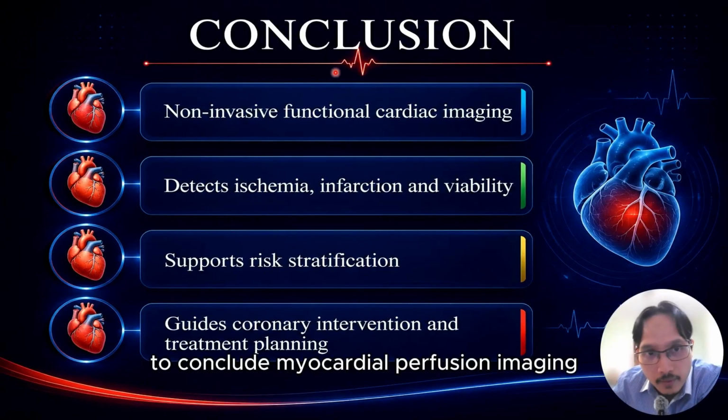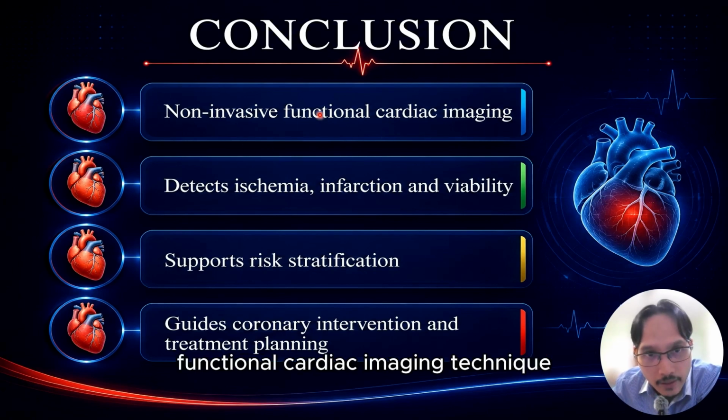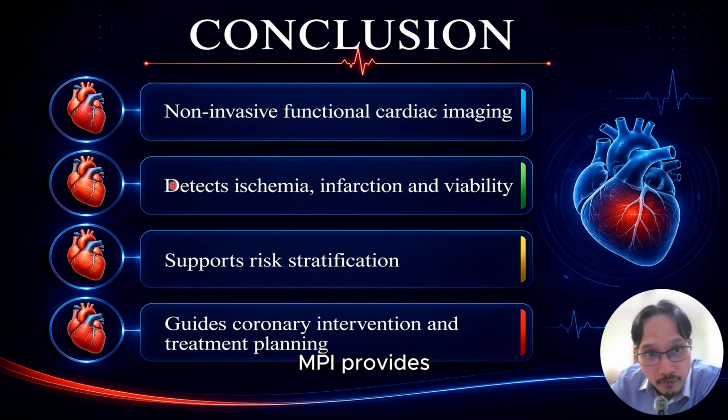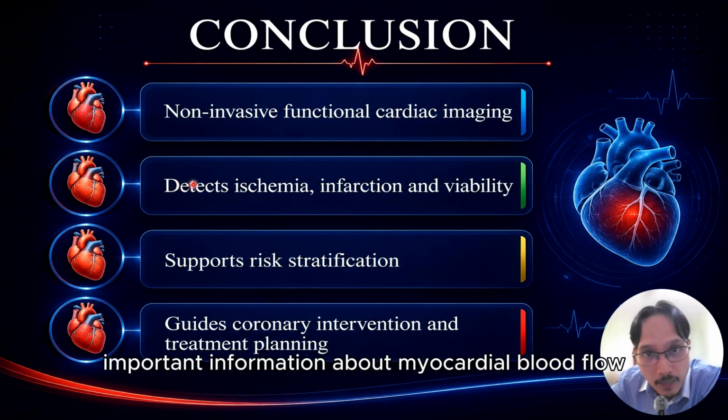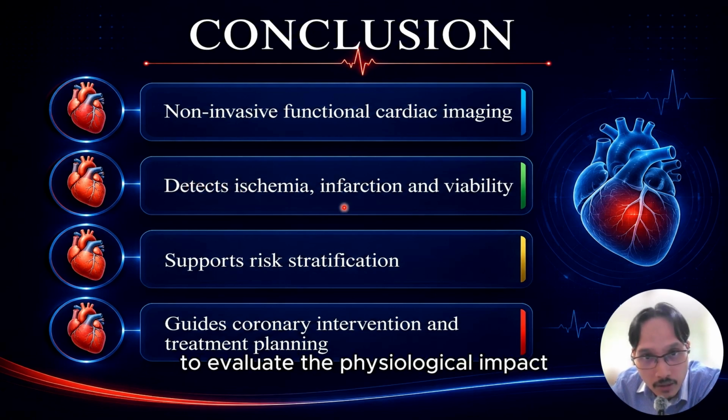To conclude, myocardial perfusion imaging, or MPI, is a valuable non-invasive functional cardiac imaging technique used in the assessment of coronary artery disease. MPI provides important information about myocardial blood flow and cardiac function, allowing clinicians to evaluate the physiological impact of coronary artery disease.